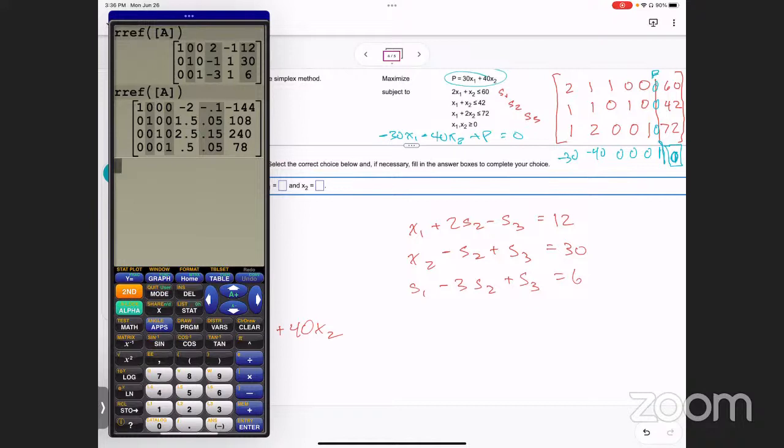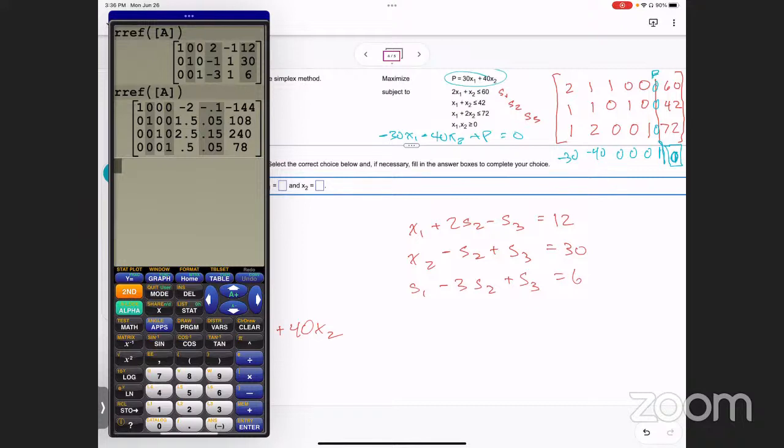Tell me what they did at the very end to determine what the answer was. So the first part of the question is, can the simplex method continue on this system? And it was no. Okay.